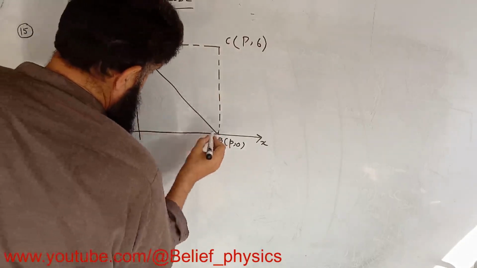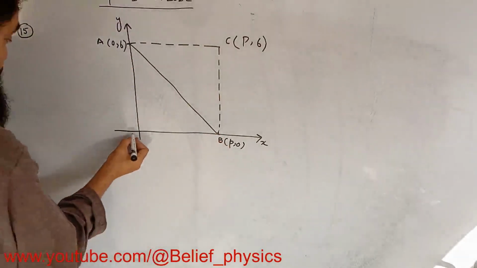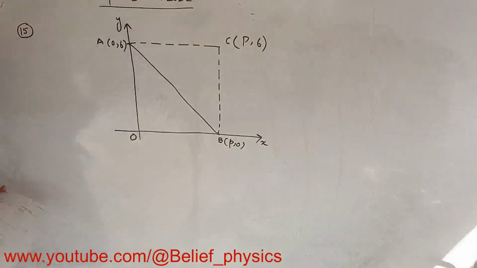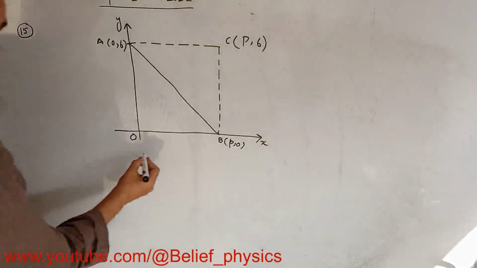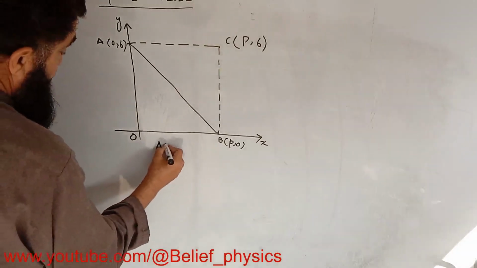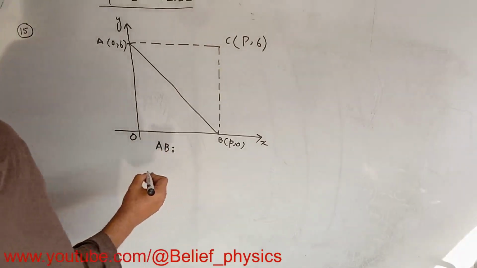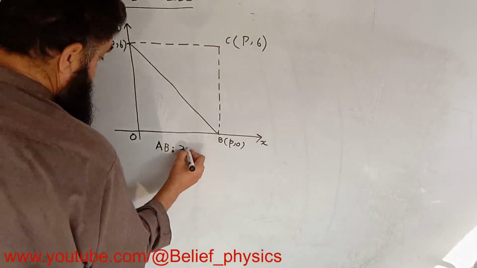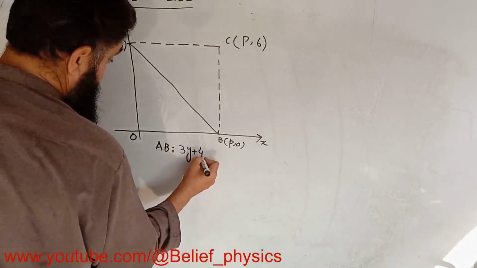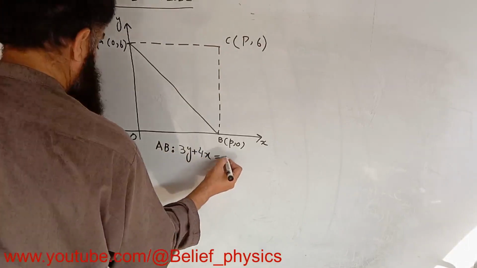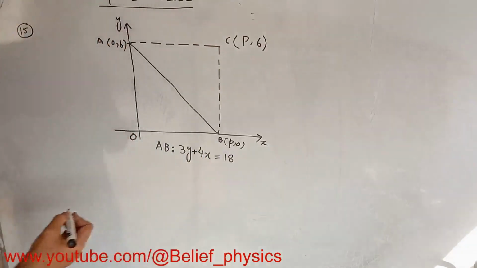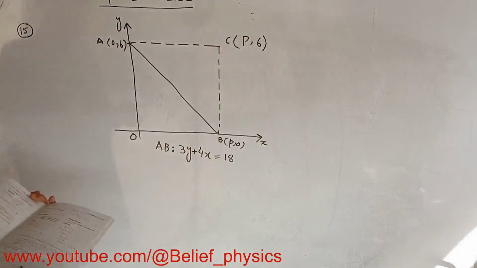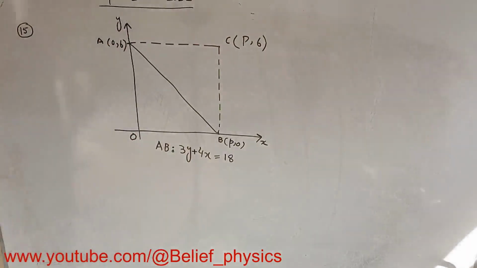This is a straight line from A to B. This is origin O. The question is, the equation of line AB is given to be 3y plus 4x is equal to 18. Question is, find the value of P. A part is, find the value of P.